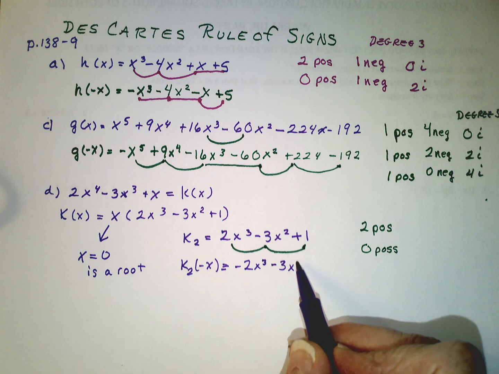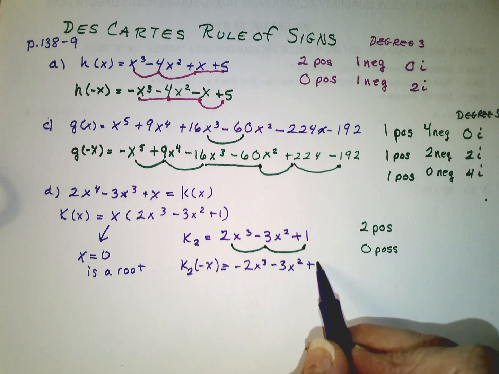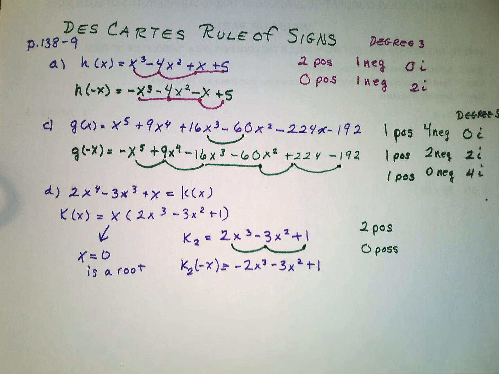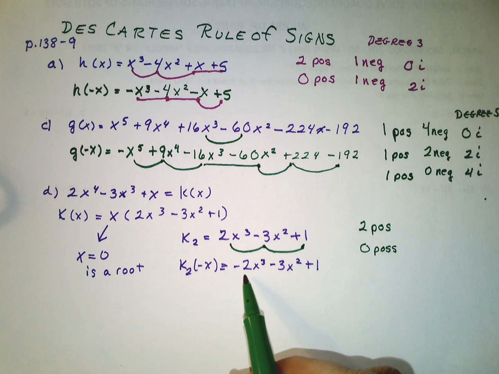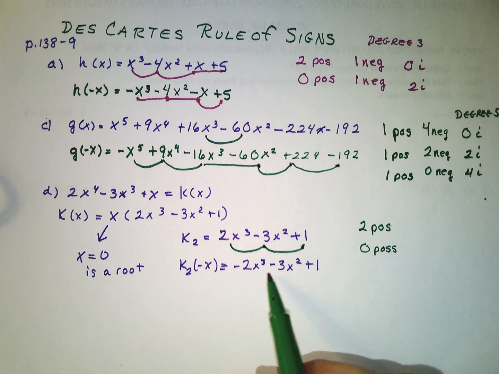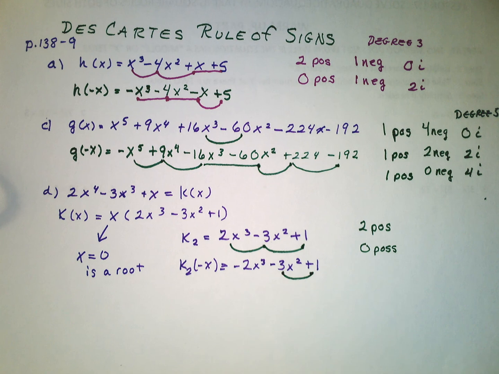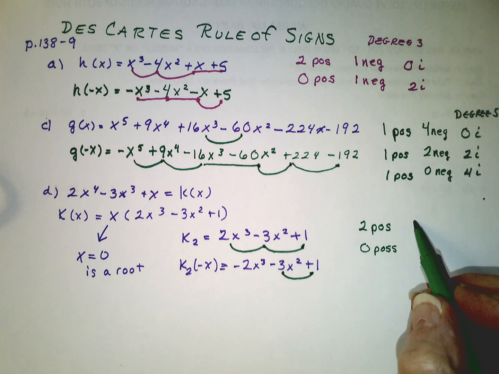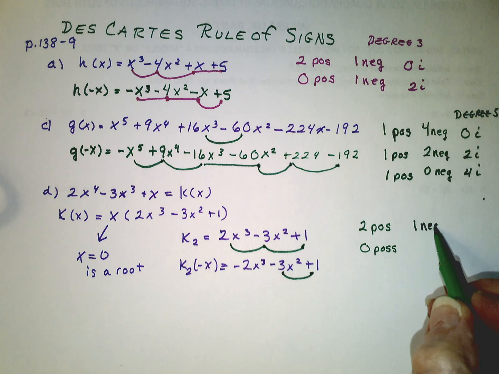That's going to be negative 3x squared. And the plus 1 stays plus 1. And we count the sign changes. So we have negative stays negative, and then this negative becomes a positive. We have 1 sign change. So there could be 1 negative root.